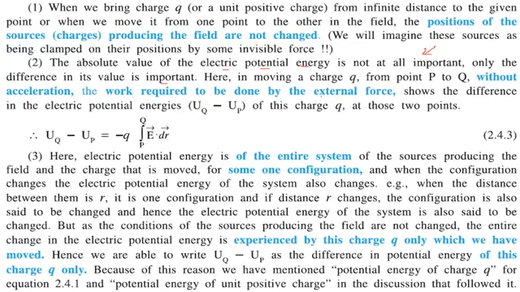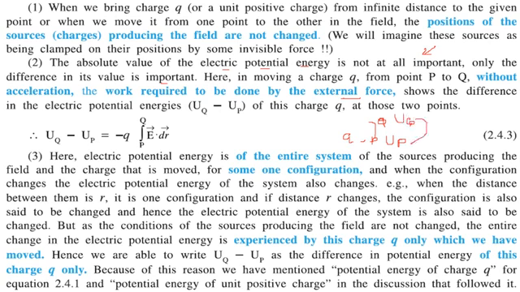So in moving a charge Q from point P to point Q, without acceleration, the work required to be done against the external force shows the difference in the electric potential energy. It has potential energy here at P, and we are taking it to Q. So what is the difference?